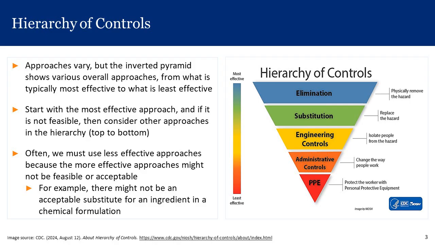Therefore, it doesn't really matter if someone is not compliant or doesn't believe in a control, because they don't actually have to do anything to get the benefits of those controls, because the air pollution control system has already been put in place and is removing the air pollutants without any required behavior by the people of the affected community. Therefore, they can be more effective because you don't have to rely on people to actually implement the controls.